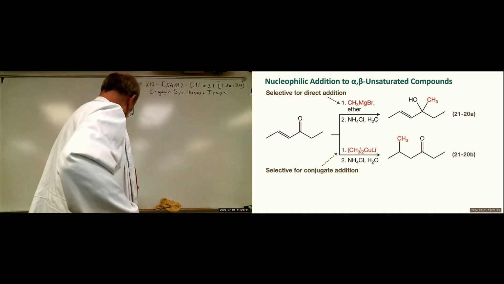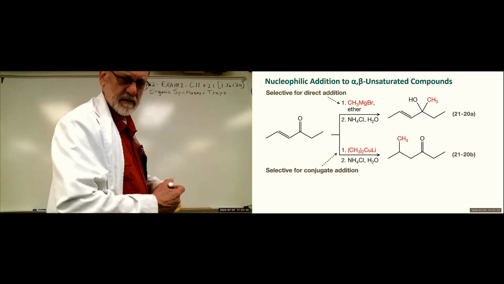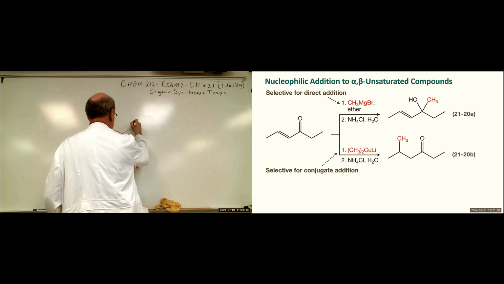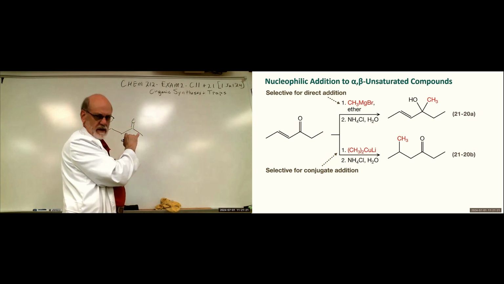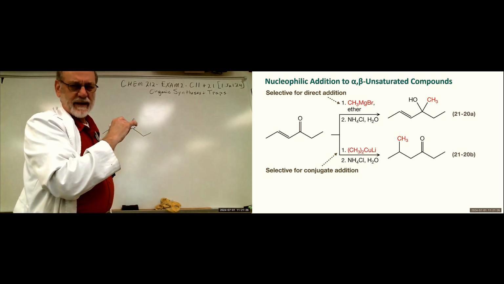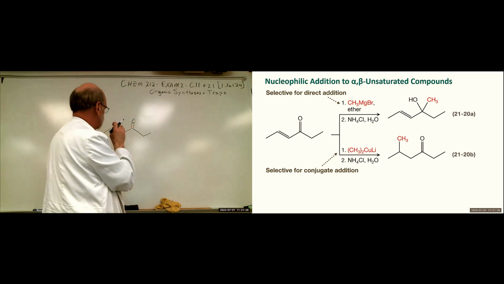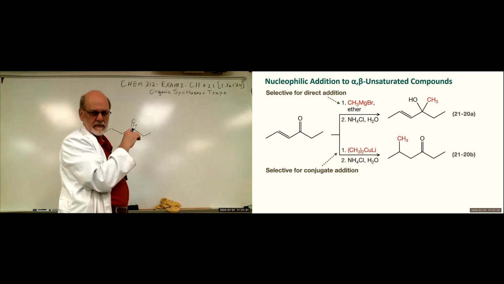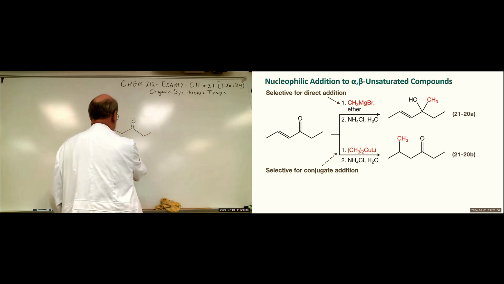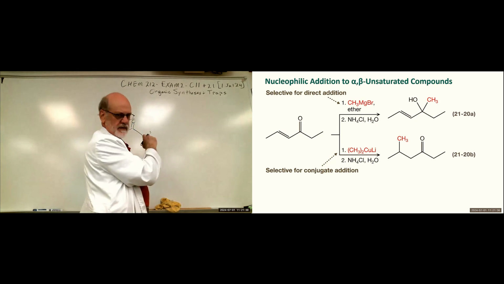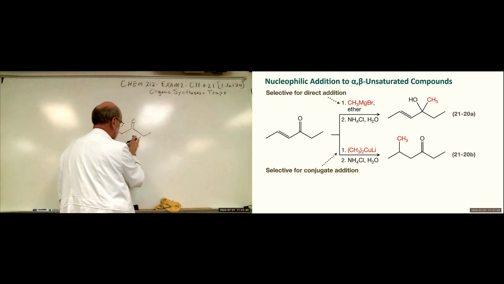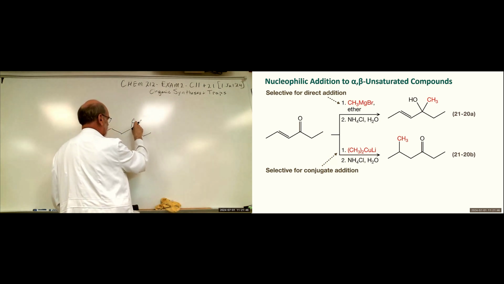So when we look at these, we have a starting compound here. If we use the Grignard reagent, we end up with 1, 2, 3, 4, 5, 6. Is that right? 6. Yeah. We end up with a methyl group attached here.